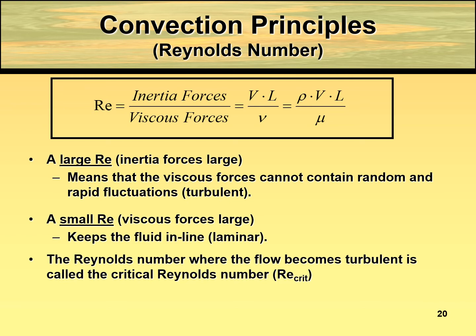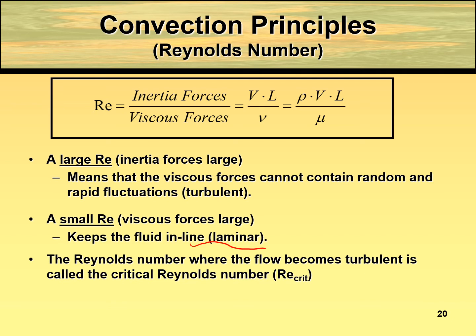However, with bigger viscous forces or smaller inertial force, we will have a smaller Reynolds number, which means that the flow will be in an orderly manner. In that case, it will create laminar flow regions.